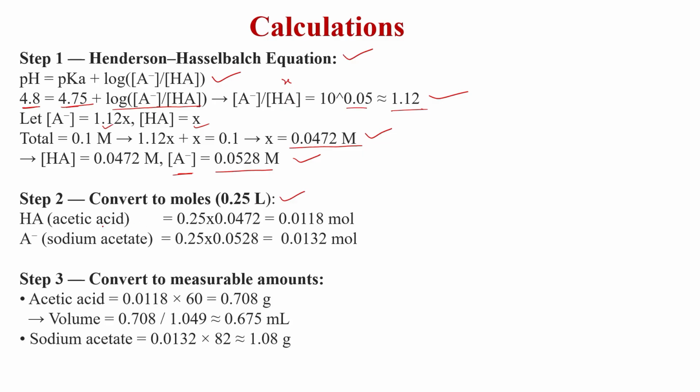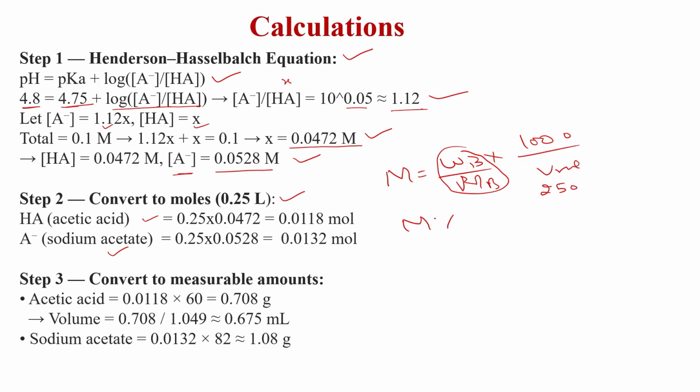So how many moles of acetic acid will be required and how many moles of sodium acetate will be required, that we want to know now. As we know, molarity is equal to the number of moles of solute present in 1 liter of solution. Here we have to prepare 250 ml, so the number of moles will be equal to molarity into 0.25 liter, which is the volume we have to prepare.